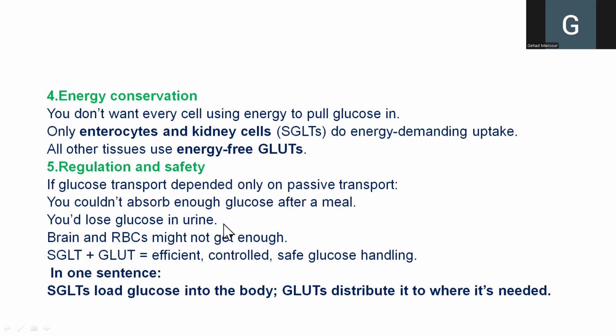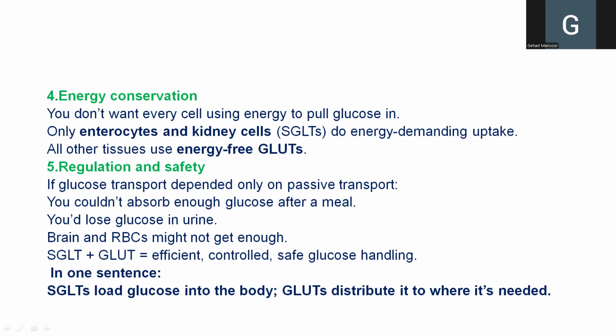And similarly in the urine, if there weren't this process of active transport, you would lose all the glucose in urine because the concentration in the filtrate or in urine would be higher than in the blood. And if you lose glucose in urine, and if you are not able to absorb glucose from the small intestine, then the brain and the red blood corpuscles might not get enough. So both together regulate the distribution of glucose between the tissues.